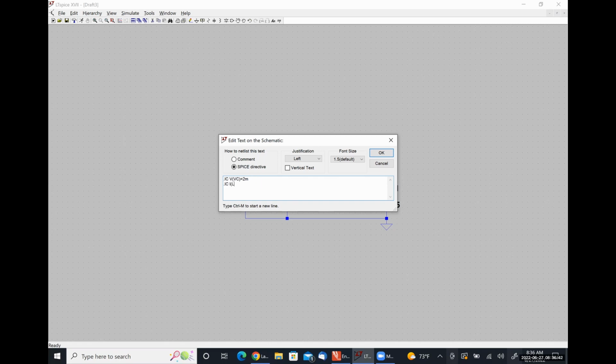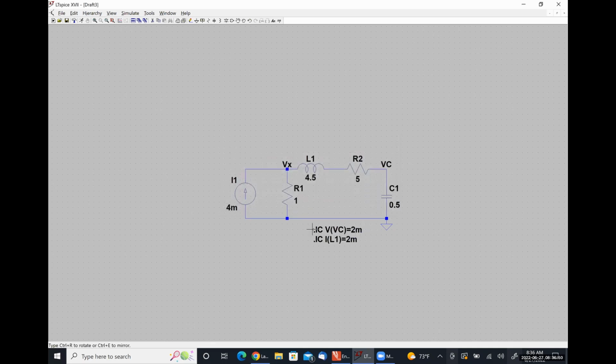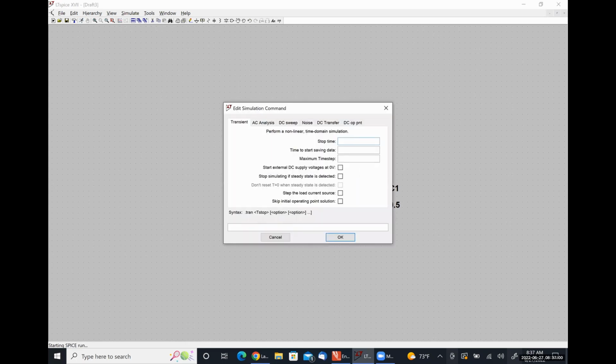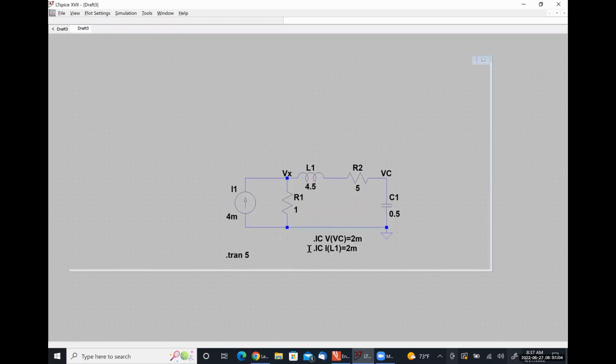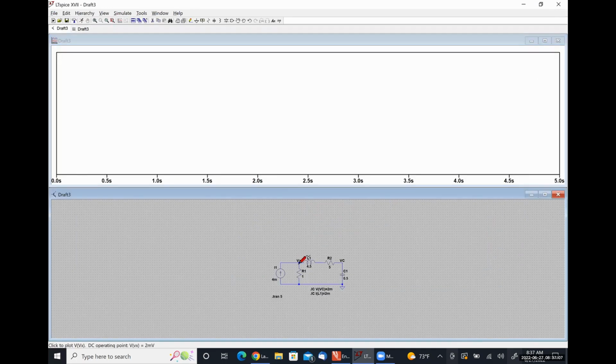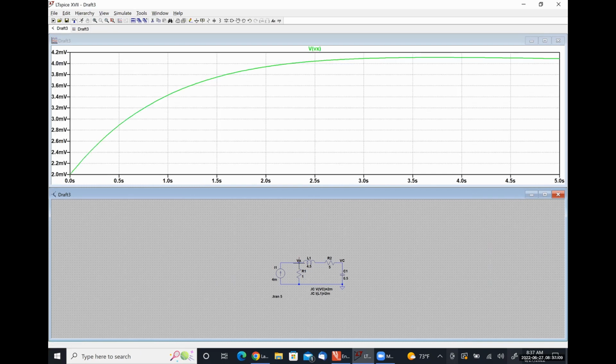Initial condition on our inductor was 2 milliamps. And let us simulate. Let's see, alpha in this case was 2/3. Let's look at it for, let's start with 5 seconds and see how things go from there. And we're going to plot Vx as a function of time.